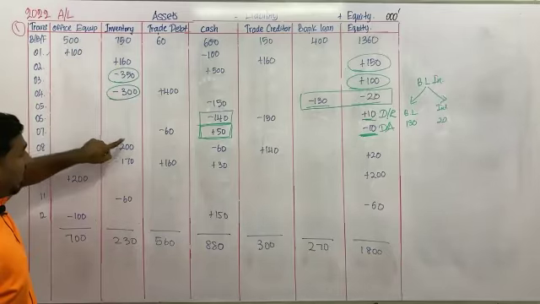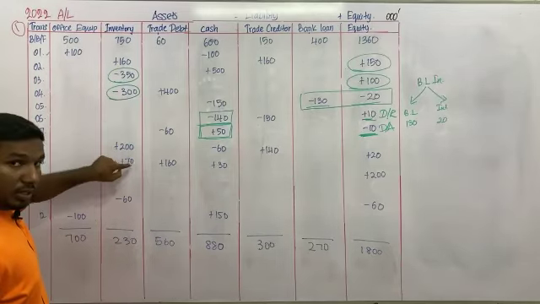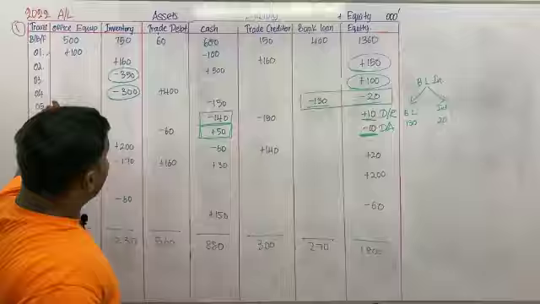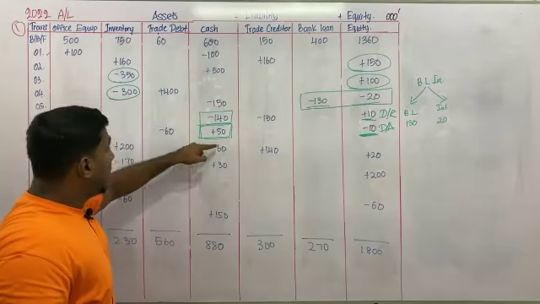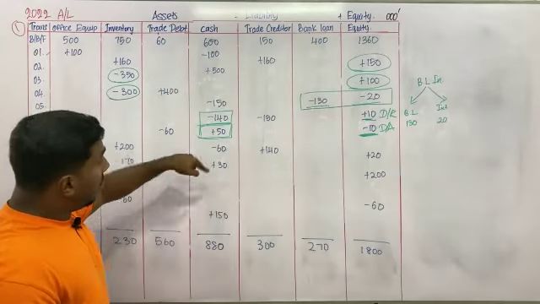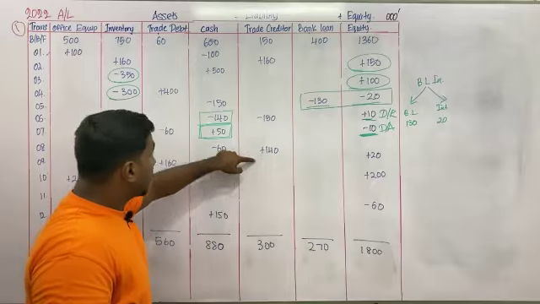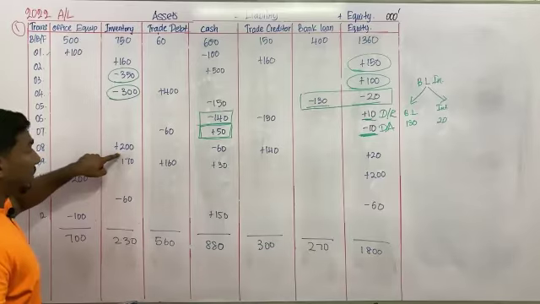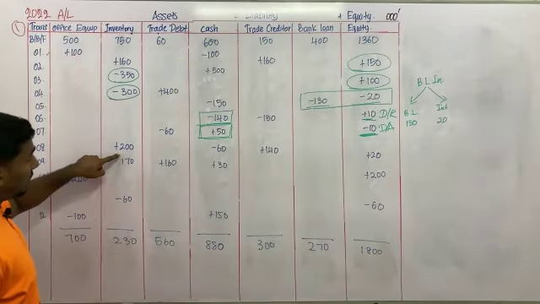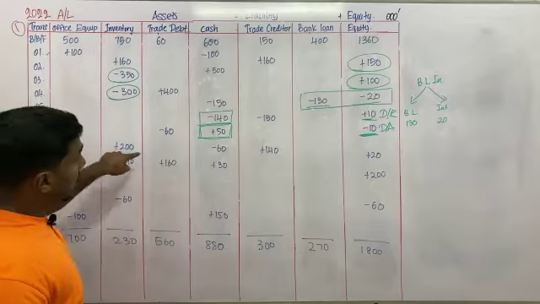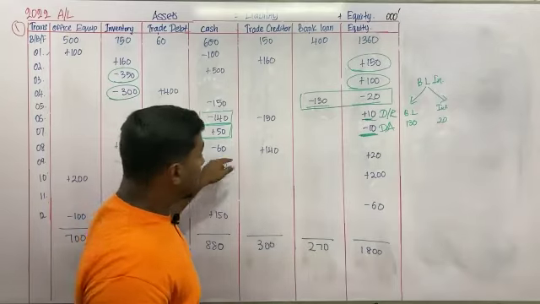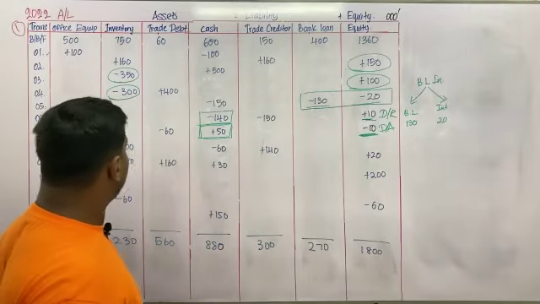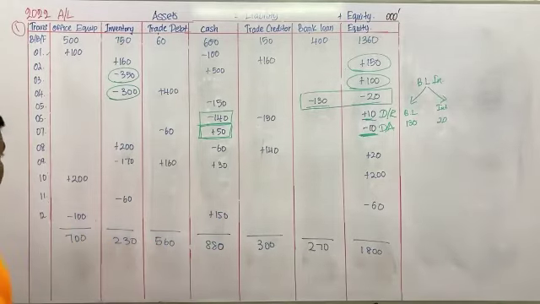Purchase of inventory 200,000, cash paid 60,000, 140,000 needs to be payable. Okay, so that is transaction 8.